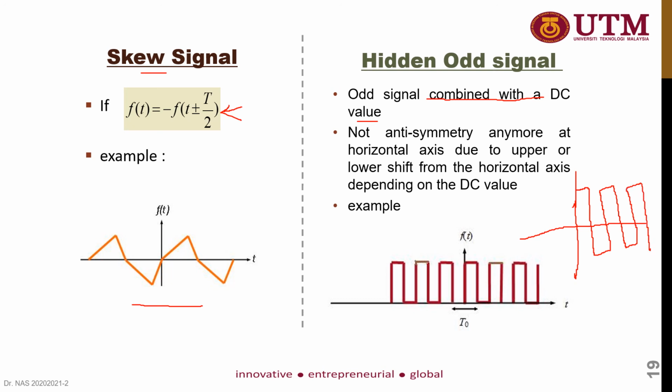When this signal is combined with a positive DC value, the signal becomes all positive, so you cannot see the negative part when the original signal is combined with the positive DC value. So the signal is now defined as a hidden odd signal.